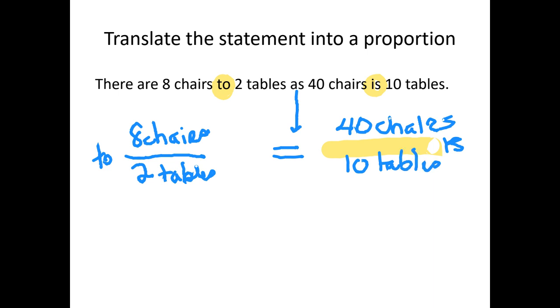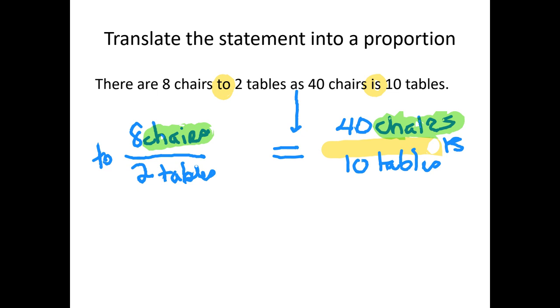Now, I want to draw your attention to something, and this is probably what you're going to want to do. Do you see the word chairs in the numerator here? Chairs had better be up here if we want a true proportion. And notice again, tables is in the bottom.